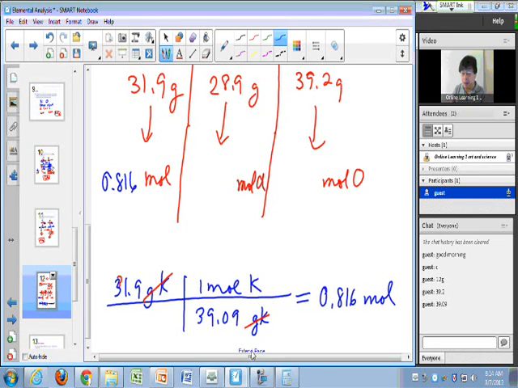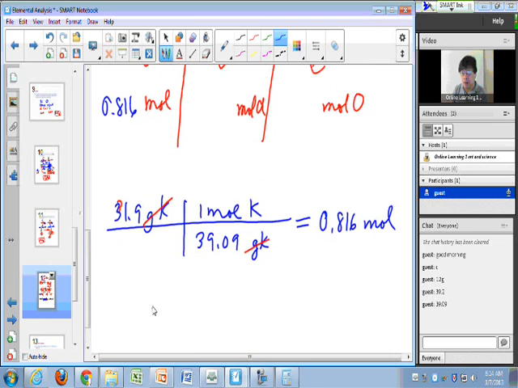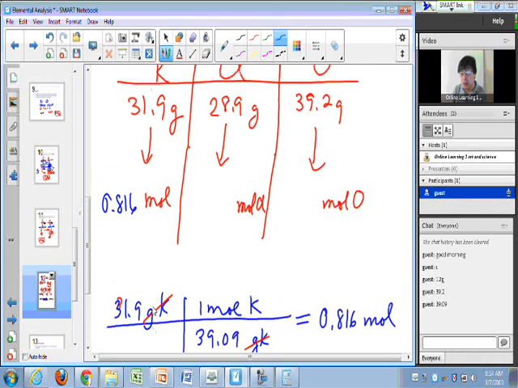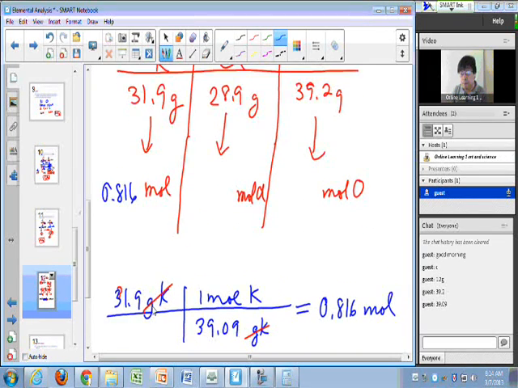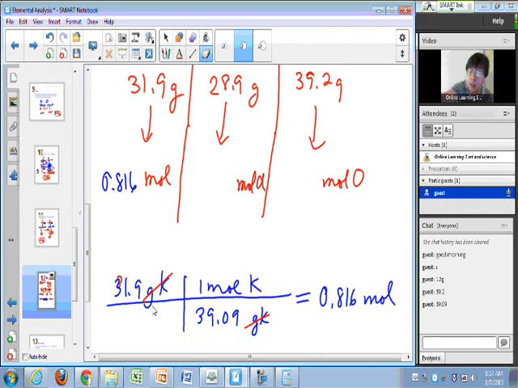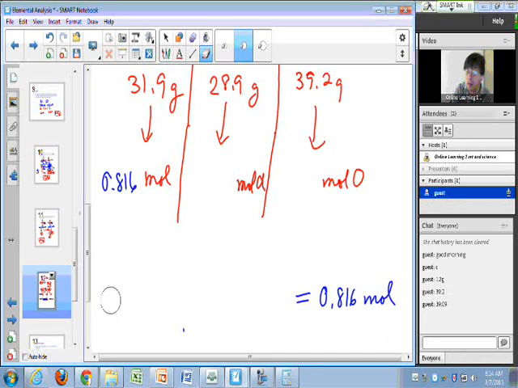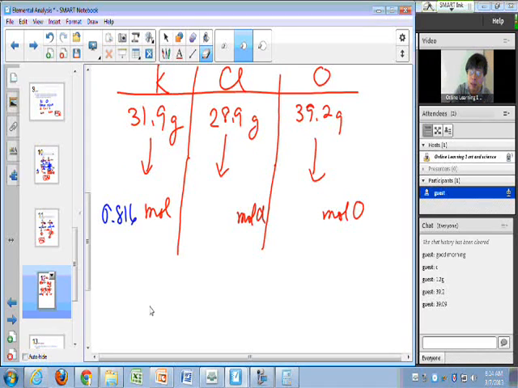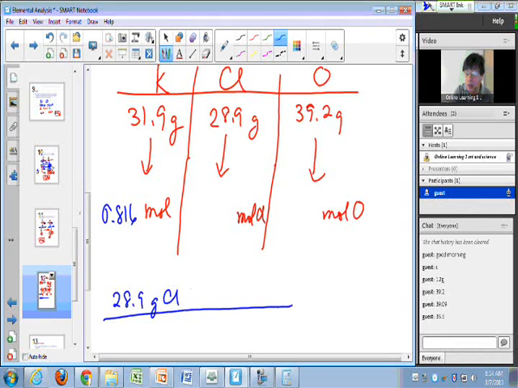What's the next thing we need to do? We need to change chlorine this time. Okay, so let's do chlorine. 28.9 grams of chlorine. Change that to moles. 35.5.